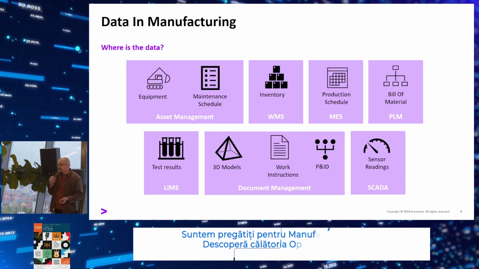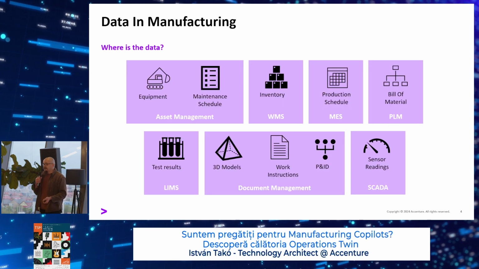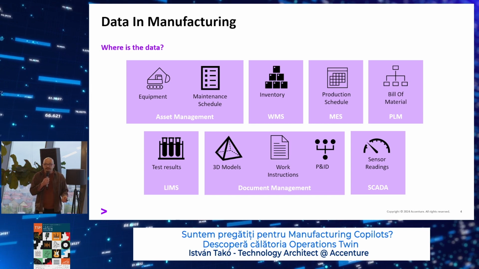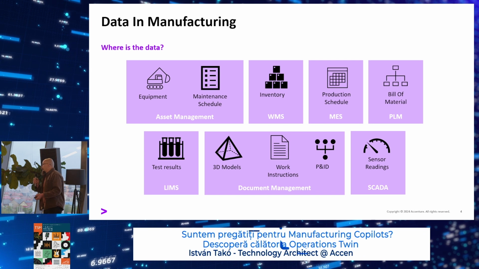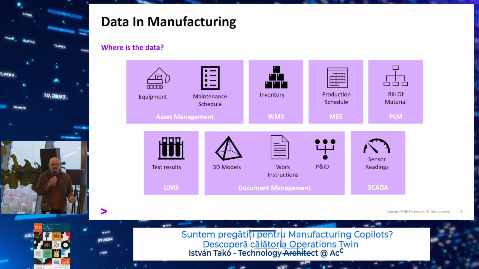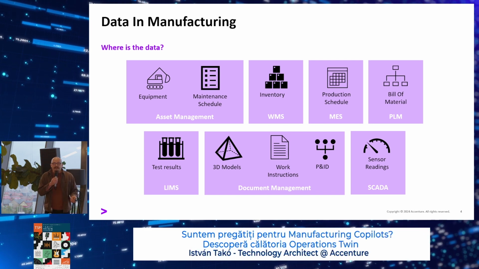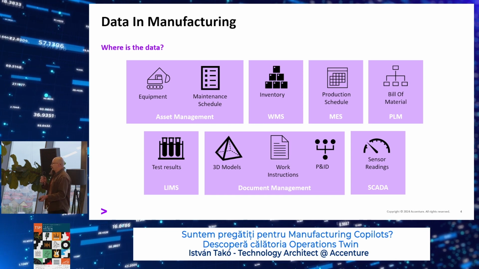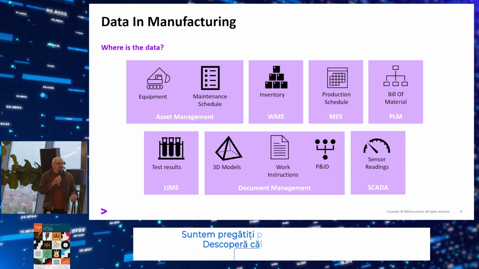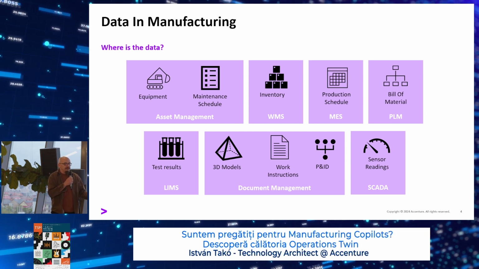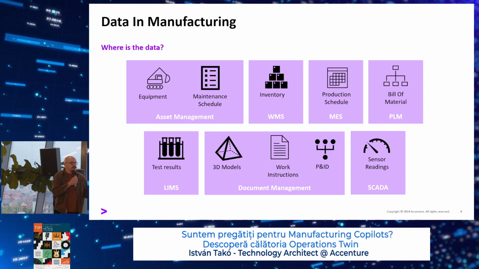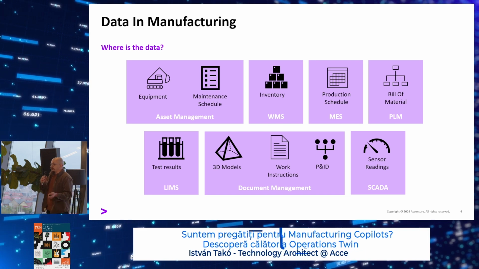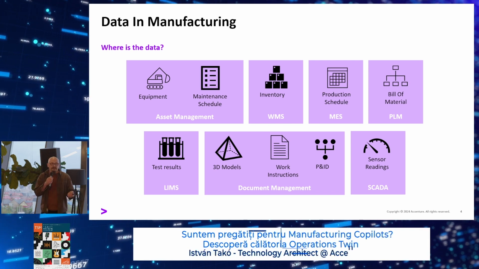Well, usually this data is being managed by different departments of the organization. And these different departments are using different systems for it, different solutions. And hence, as a result, the data is siloed. So this is just an example of how an environment could look like, but I could have an asset management system to track my machinery and their maintenance schedule.